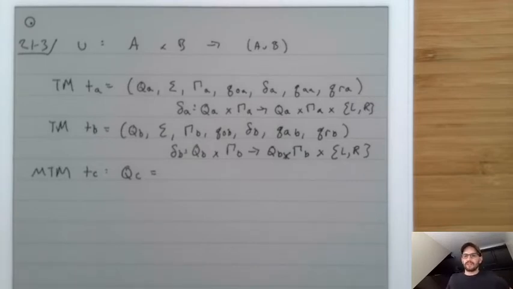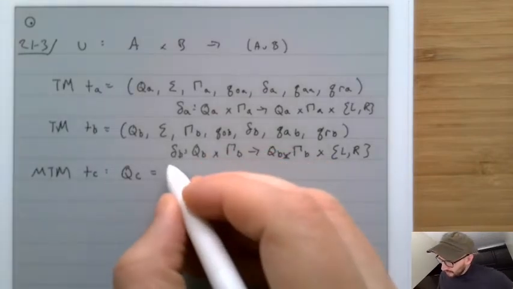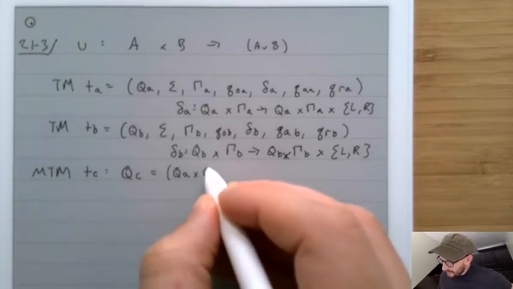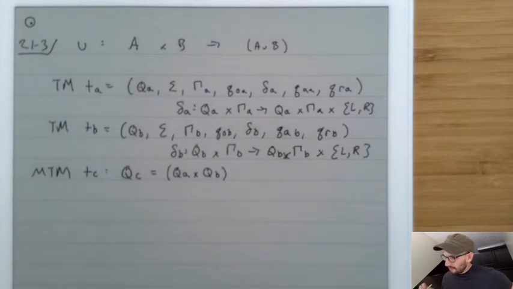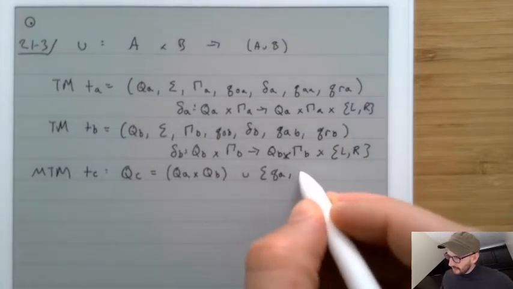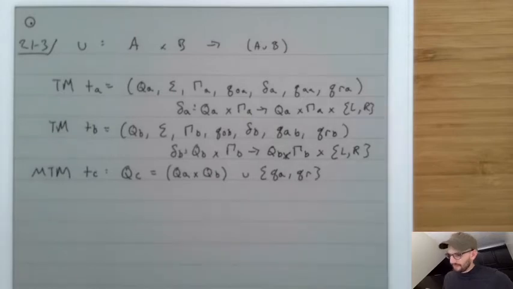So the input is duplicated on all of the tapes. Then we're just going to run each machine. Okay, so our states are going to be pairs of Q_A and Q_B, plus two more things, which are our accept and our reject states, because they have to be separate.